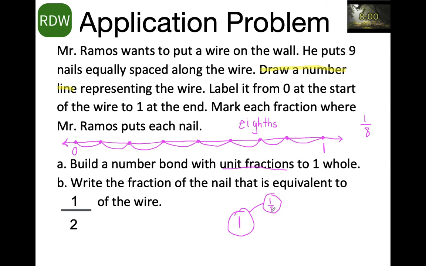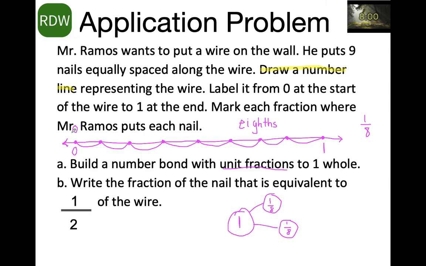So here's 1/8, here's another eighth, and you would keep going. Now I'm going to show you on my next slide exactly what I'm talking about. And you can keep drawing all of your spider legs. I also want to challenge you to draw and label your number line. I don't have enough space, but I'm going to try my best.